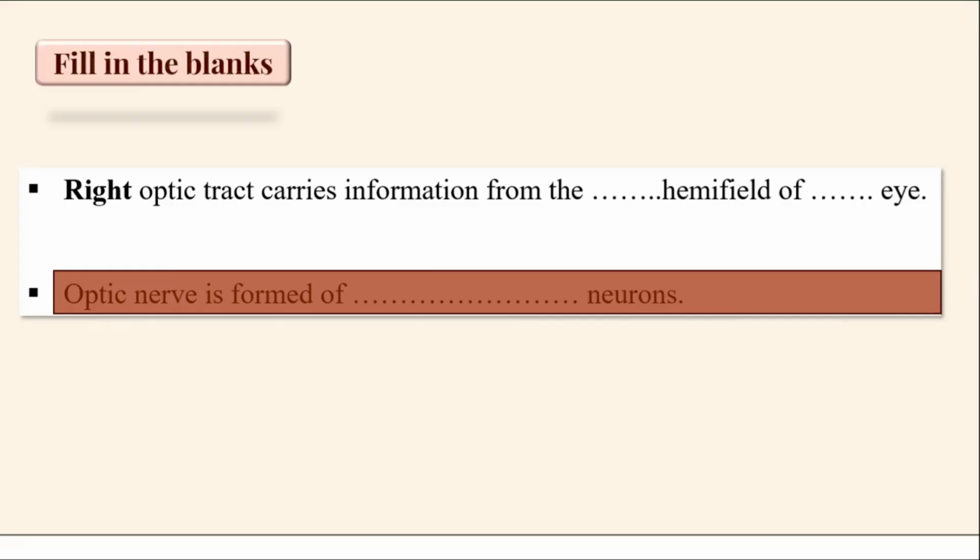It's better to say each eye instead of both eye, because if we say both, the eye should be plural, both eyes. So the left hemifield of each eye. And that's why whenever we have a right optic tract lesion, we have a left homonymous hemianopia.